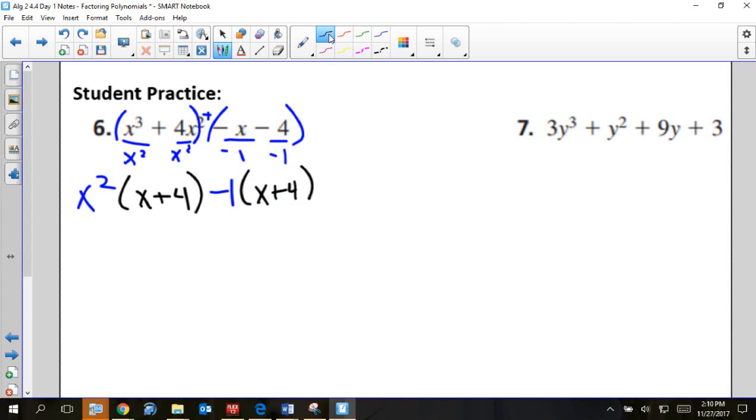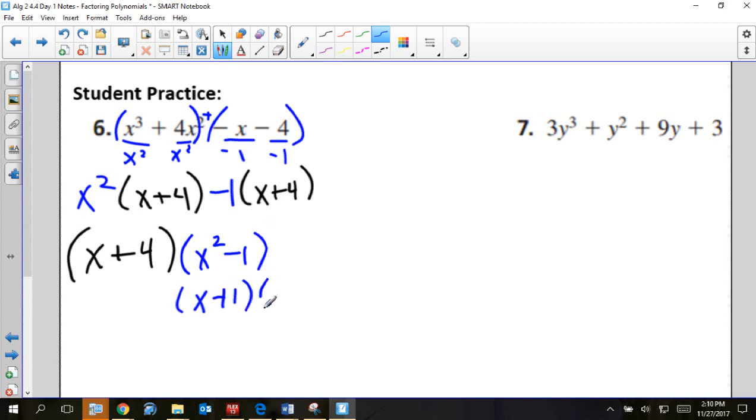And then I'm going to factor out my x plus 4 from both terms. When I factor out my x plus 4, I have x squared minus 1 left over. X squared minus 1 is a difference of squares. So x squared minus 1 has to be x plus 1 and x minus 1. Then it's done.